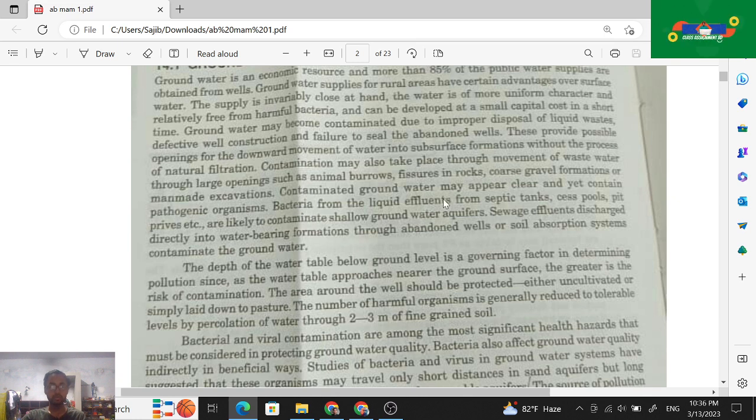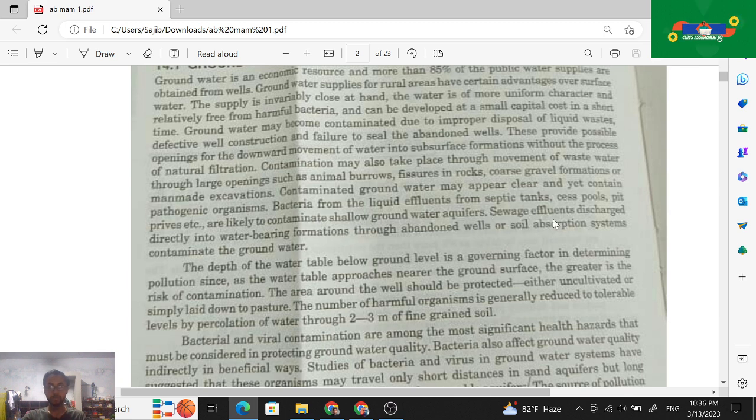The contaminated groundwater may appear clear and yet contain pathogenic organisms. Bacteria from the liquid effluents from septic tanks, cesspools, and pit privies etc. are likely to contaminate the shallow groundwater aquifers.